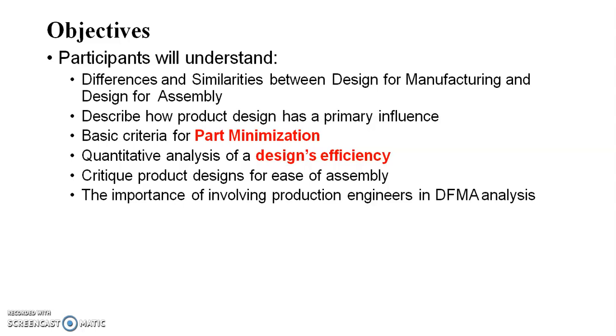Now the basic criteria for part minimization, how the minimum number of parts are involved in the assembly. Then quantitative analysis of design efficiency will also be understood by the student. Then critique product design for ease of assembly, and the last is the importance of involving production engineers in DFMA. So these are the generalized objectives that we are going to learn.